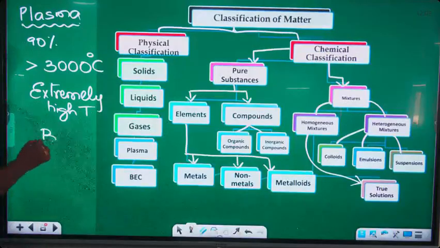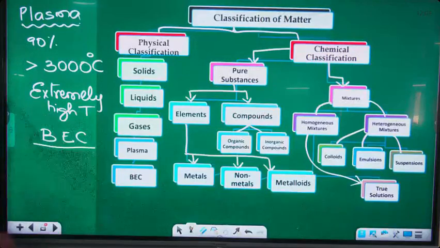Then you talk about the case of the Bose-Einstein condensed state. The fifth state of matter, Bose-Einstein condensed state.